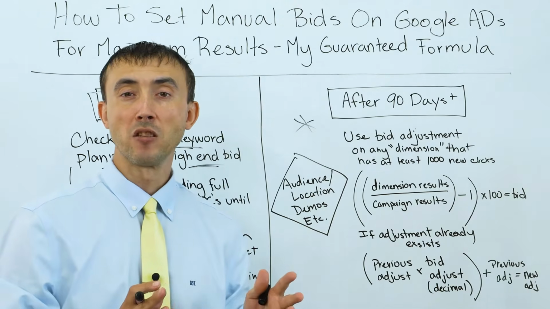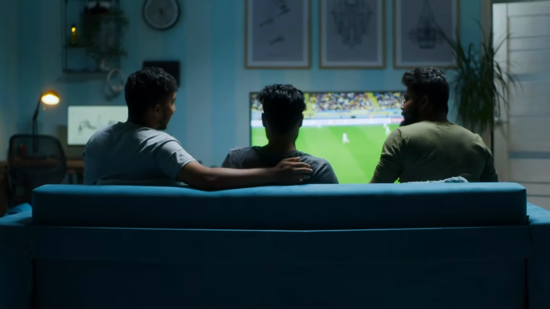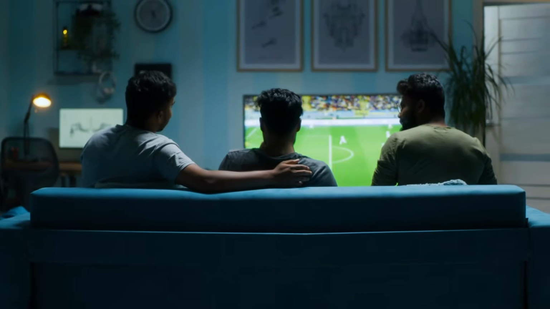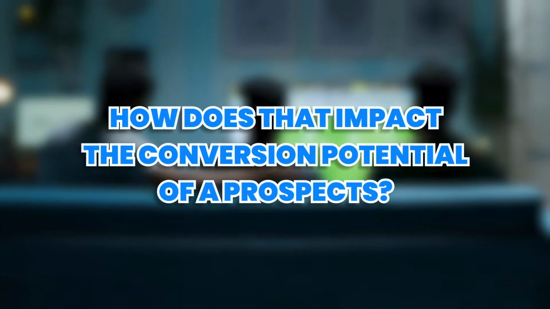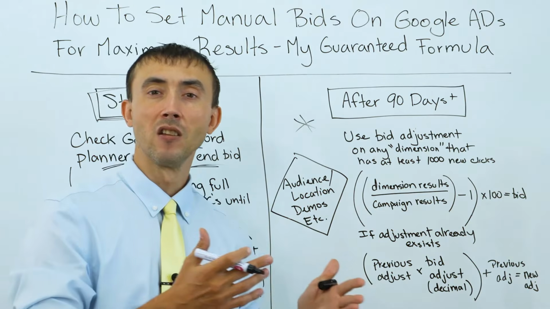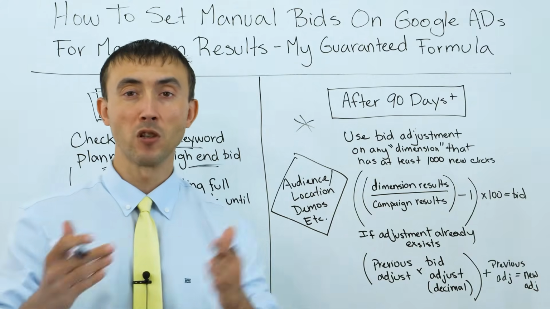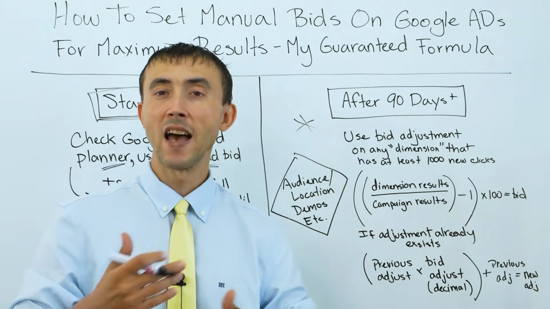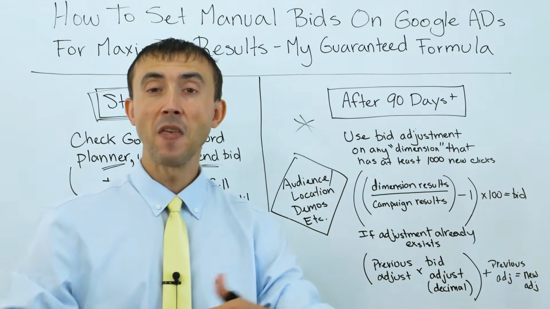And you can do a bid adjustment based upon somebody liking fast food or not, or somebody who likes watching football. How does that impact the conversion potential of a prospect, so that when they're searching for a pottery wheel and they like football, what statistical increase in likelihood does that person who likes football also searching for a pottery wheel, how much more likely does that make or not make somebody from buying if they like football?